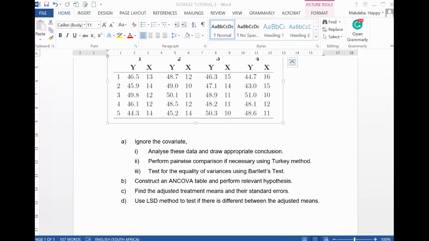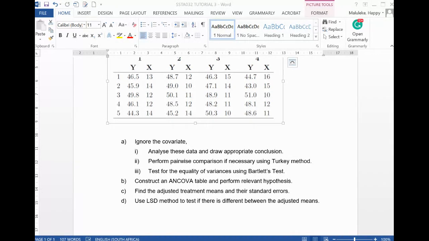Am I doing a comparison? Can you clarify the comparison for me? Because I'm lost here. Maybe I'm the one who's lost. I mean for the LSD, is this the pairwise comparison? Yes. I'm comparing with the adjusted means. What is the use of the LSD method?